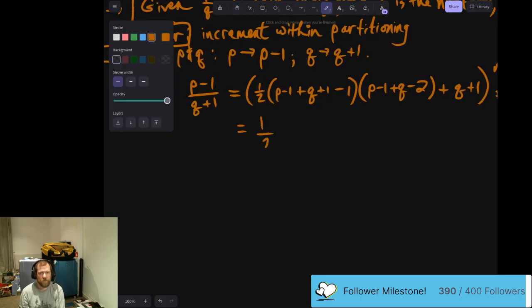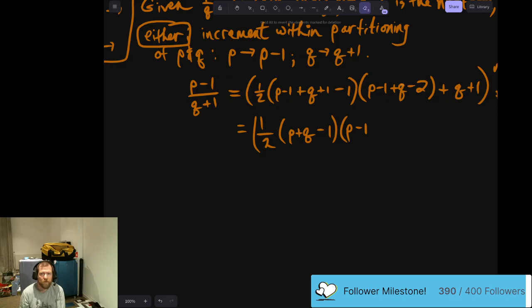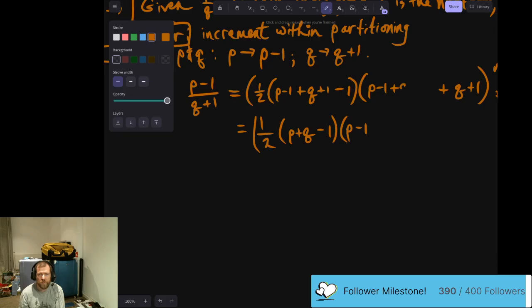Okay, so we get a 1/2. This is going to be P plus Q, the minus 1 and the plus 1 go away, so it's just P plus Q minus 1 times P minus, well, I missed one. Alright, P minus 1 plus Q plus 1 minus 2 plus Q plus 1.